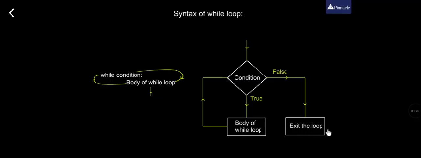If the condition of the while loop is false at the beginning, then the loop is not executed even once. Initially it will be true, so the body of while will be executed. Again, the condition is checked. If the condition becomes false, the loop is exited, otherwise it continues the body of while loop again.